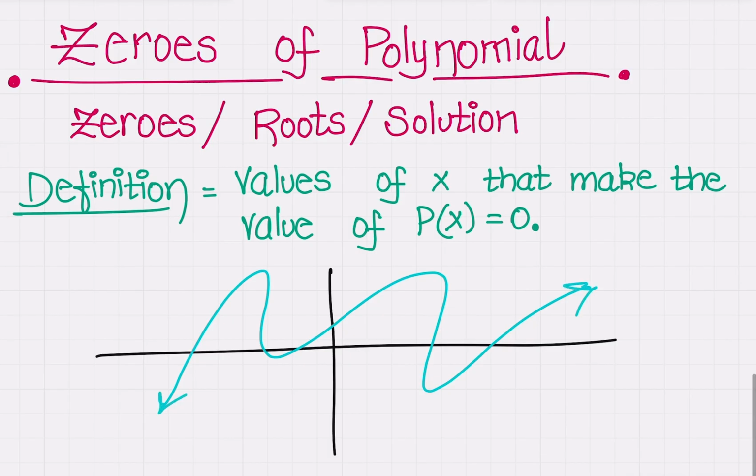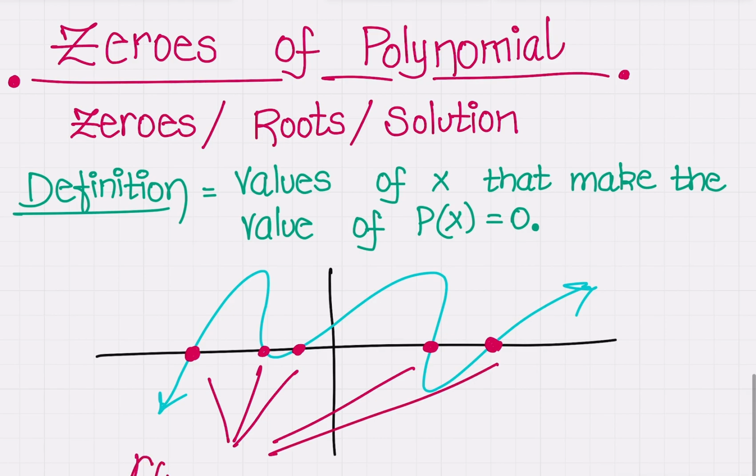In this type of polynomial, the zeros or roots are basically going to be these values where it is crossing the x-axis, and as you can see, wherever it's crossing or touching or going through the x-axis, the y value is 0. Hence, these are called the roots of the polynomial or solution of the polynomial or the zero of the polynomial.